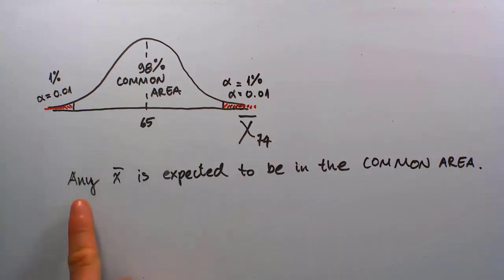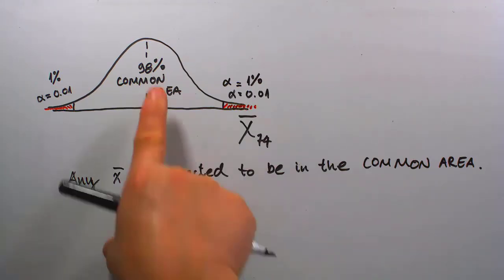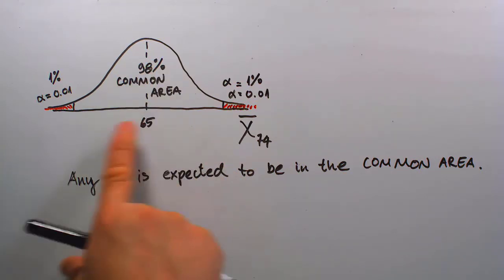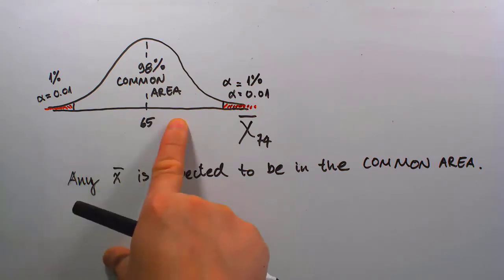So any x bar sample mean value is expected to be in the common area, due to the fact that we accept such a high percentage of values as commonly fluctuating away from the center.